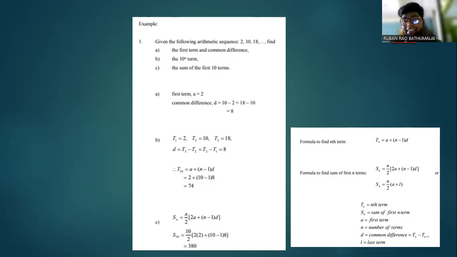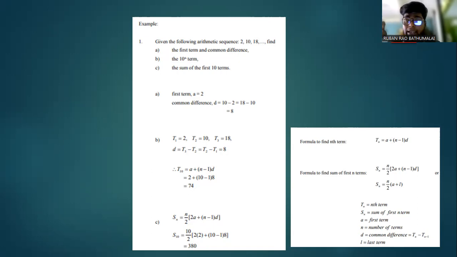Then you want to find T10, so we use the nth term formula, but we add on the 10, because for question B they mentioned the 10th term. We are not finding the number of terms; they already specify which value we want to find.